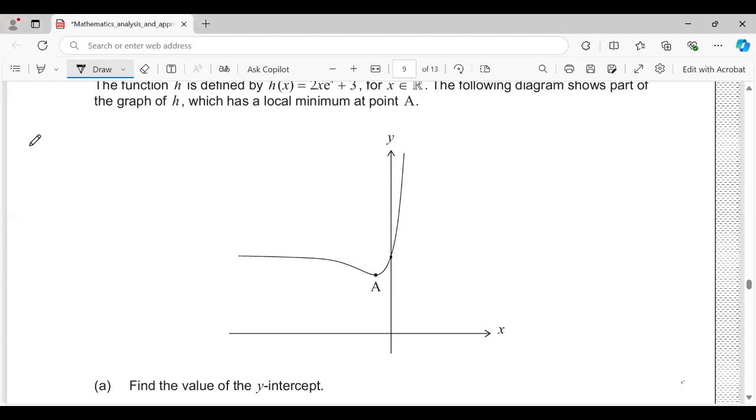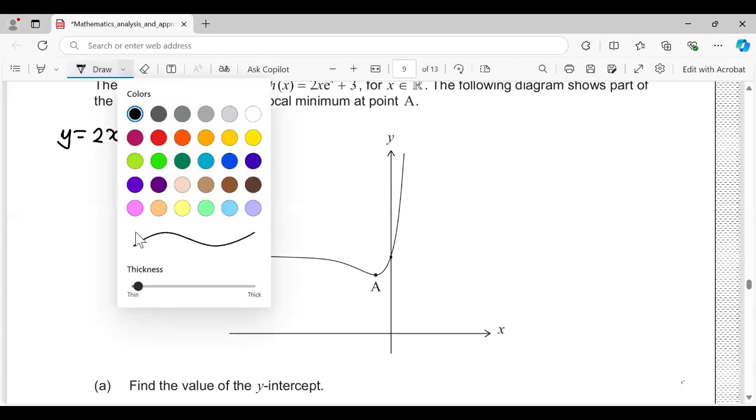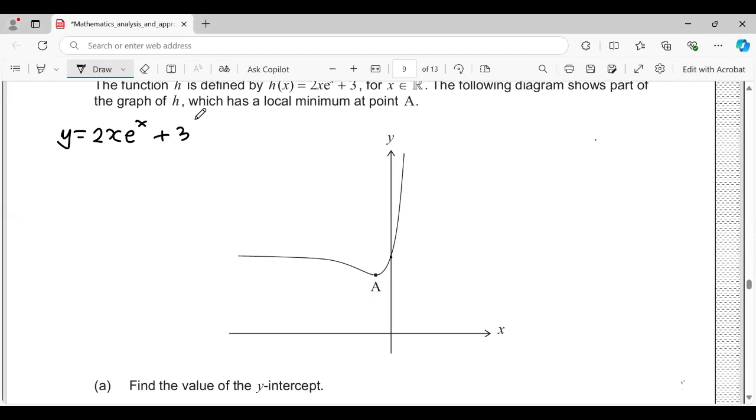So we can determine the intercept point on the y-axis if x equals 0. So y equals 2x e power x plus 3, which x element real.